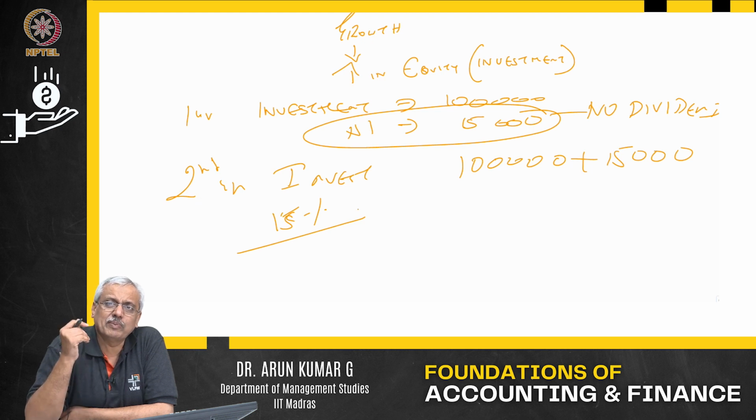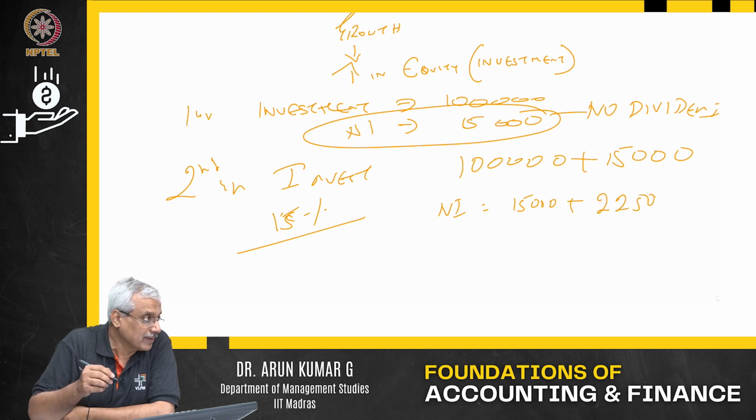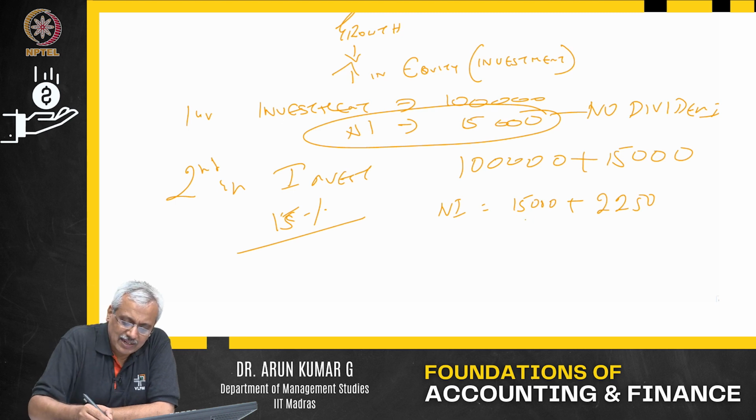Then what is going to be my net income in the second year? It is going to be 15,000 on this plus 2,250. Am I right with the number? 15 into 15 is 225. 15% of 1 lakh is 17,250. So 15,000 plus 2,250 is 17,250. And that is exactly what I said.